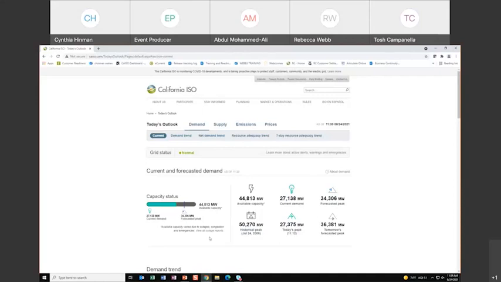Storage RA does not take into account state of charge. I'm not sure what the question is, Paul. There's a question mark at the end of that statement. Storage RA does not take into account state of charge, question mark.